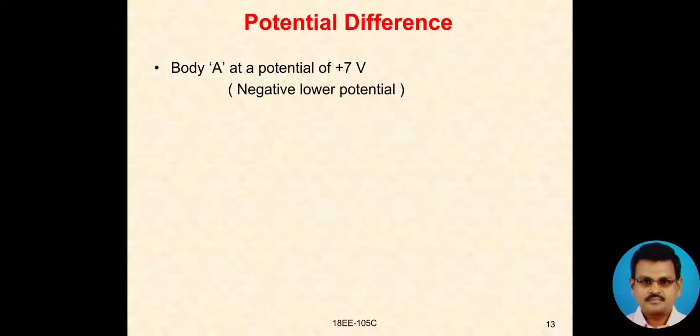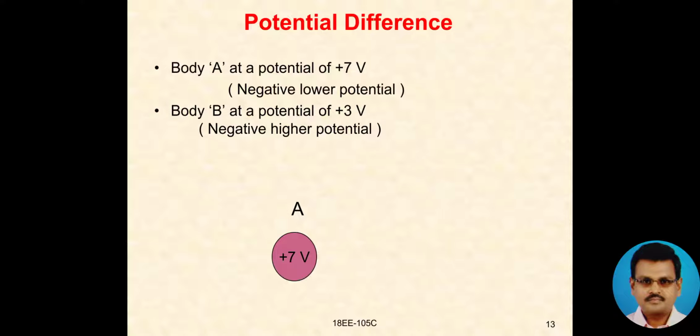Body A at a potential of plus 7 volt means negative lower potential. Why? Because plus 7 volt is more than plus 3. So if you take the negative point of view, it is a negative lower potential.